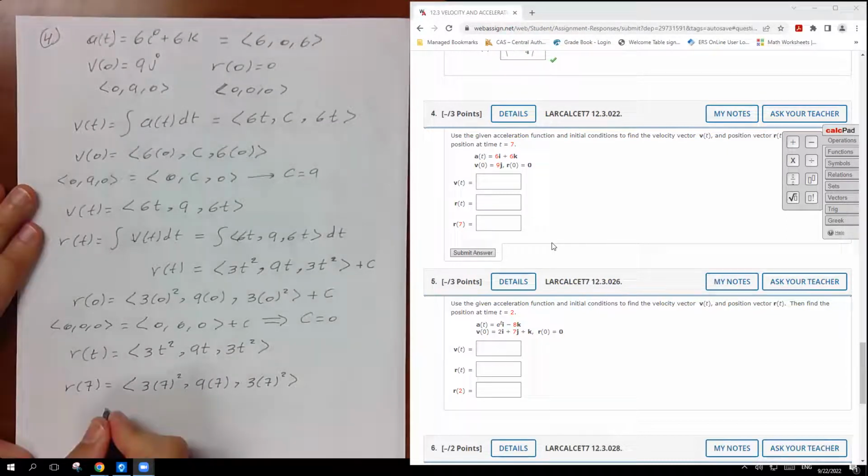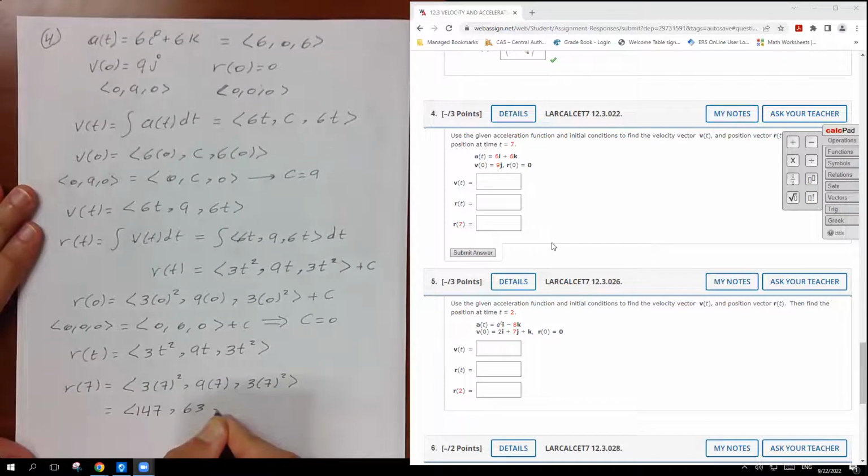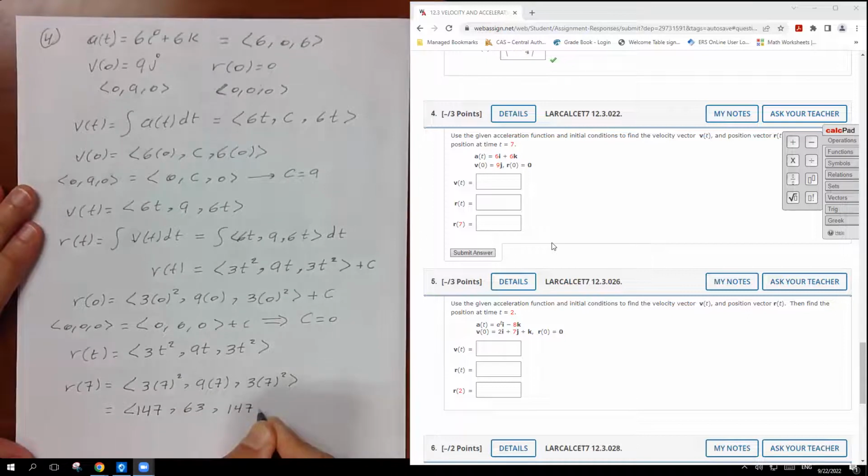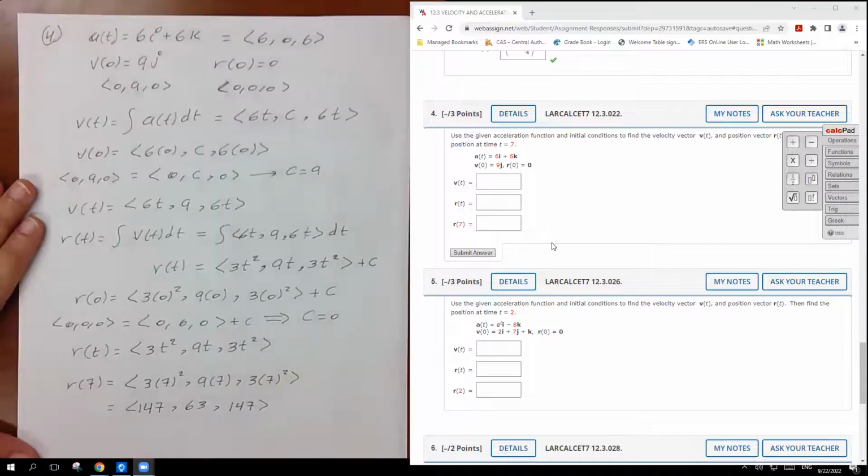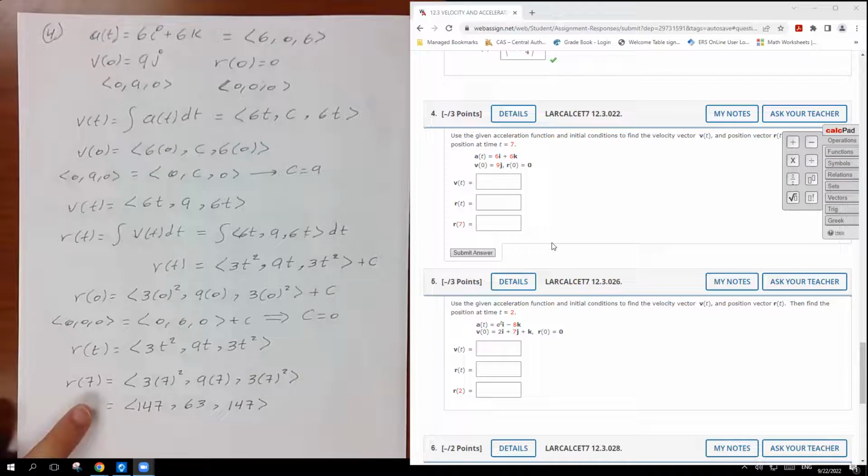And this one is going to be 63. And this one 147. And t equals 7. This is the position vector for the object, or for whatever they ask us to find. So let's check these.